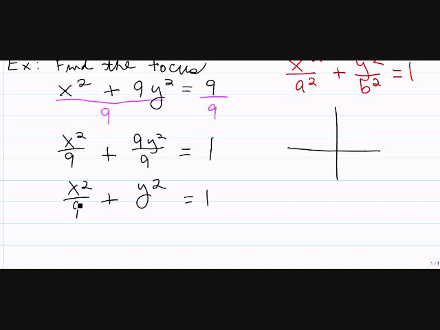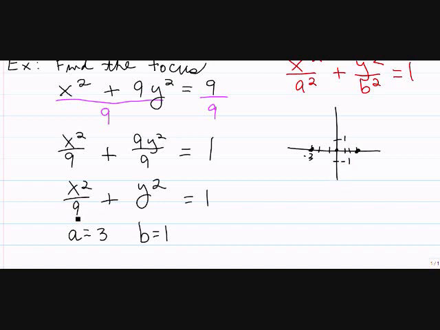My a squared is 9, so that means that a is the square root of 9, which is 3. My b squared is 1, that means my b is the square root of 1, which is 1. So my horizontal axis has a distance of 3 left and right from its center, and 1.